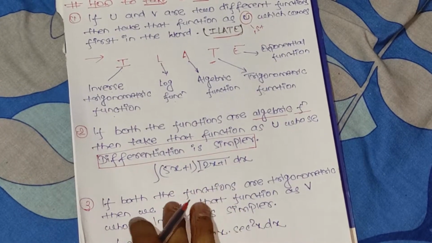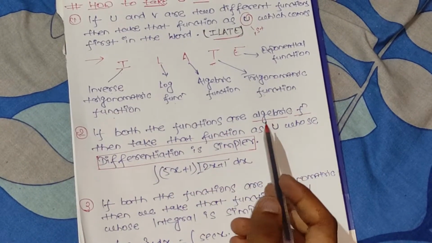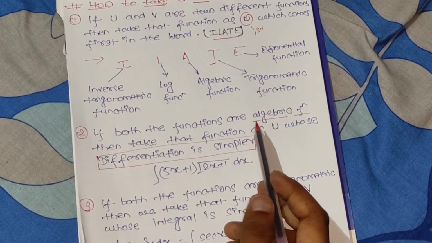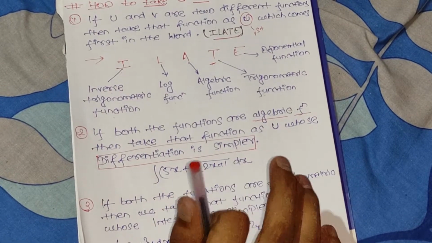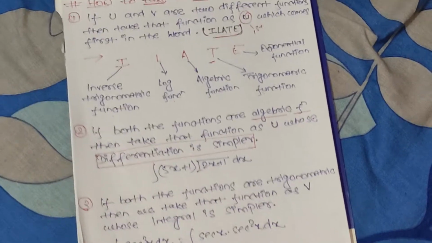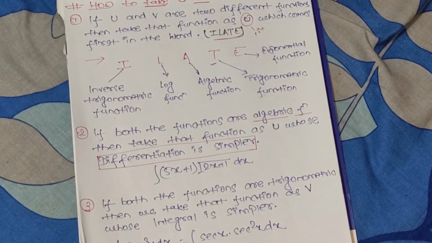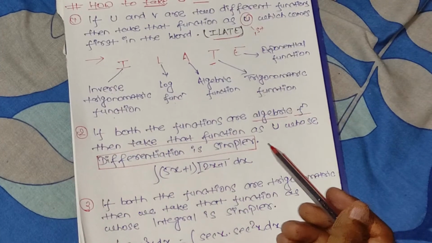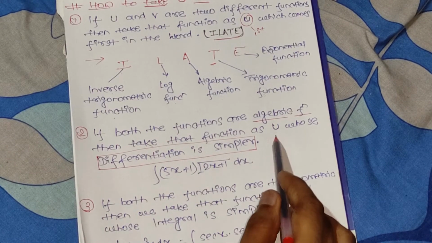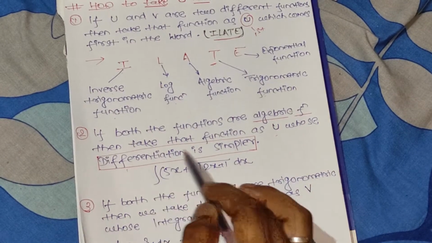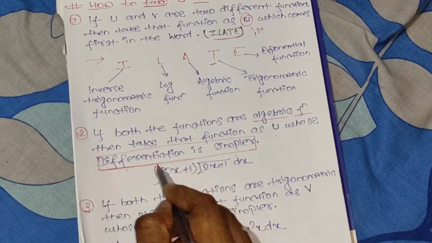Now there is a special case. If both functions are algebraic, meaning you have a question with two different functions whose derivatives are not connected to each other, but both have the same family, that is algebraic, in that case you will take as u, the first function, the one whose differentiation is simpler. This is a very important point.